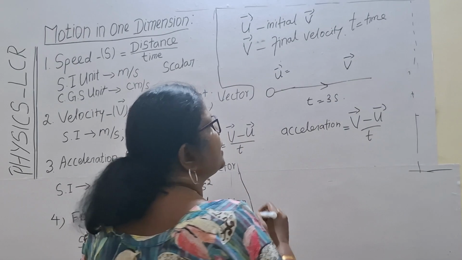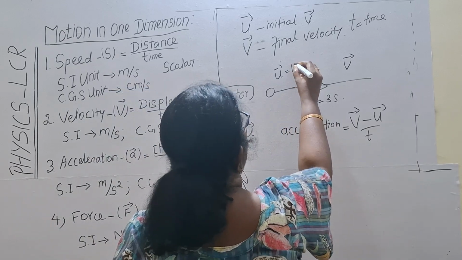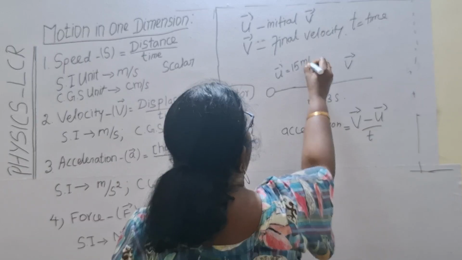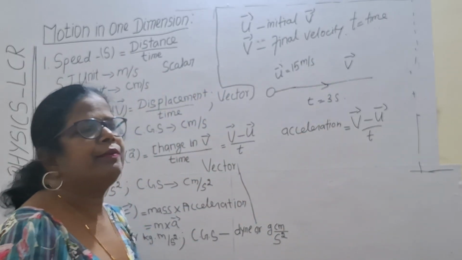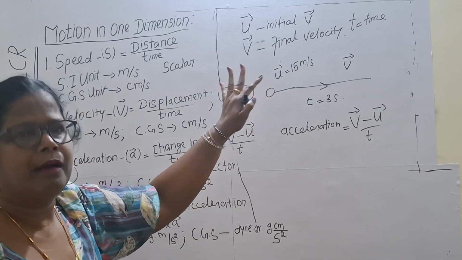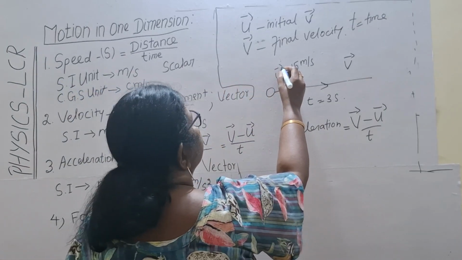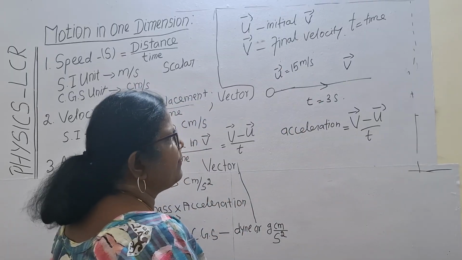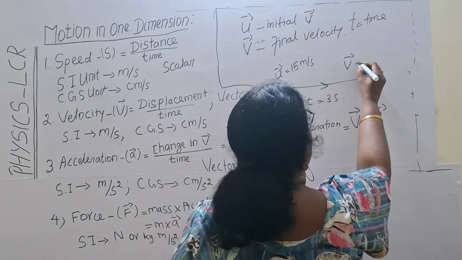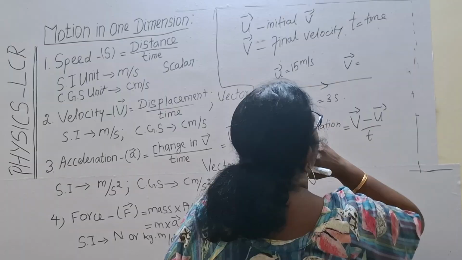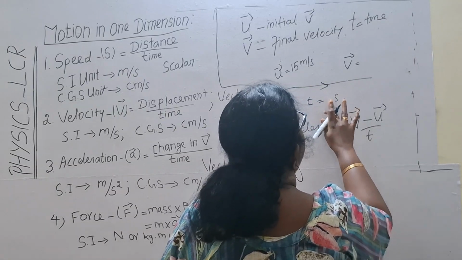This is the initial velocity, you started the speed now at 15 meter per second. In velocity we are not mentioning the direction, but we are giving an arrow mark, so that means it has a direction. You are increasing the speed.